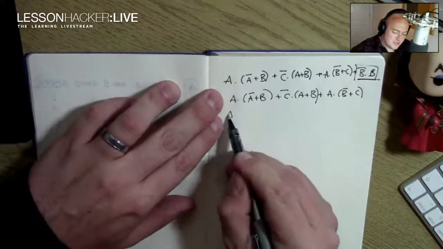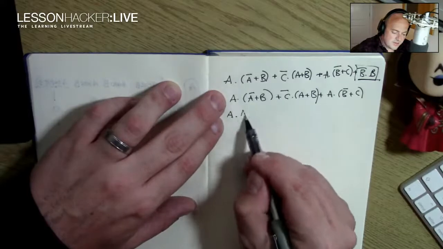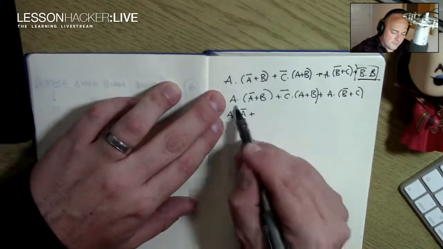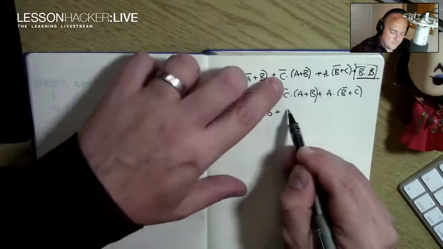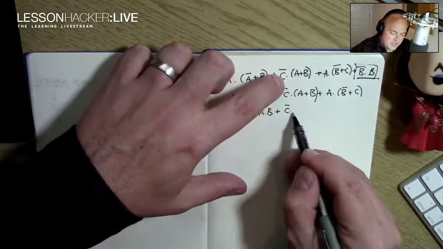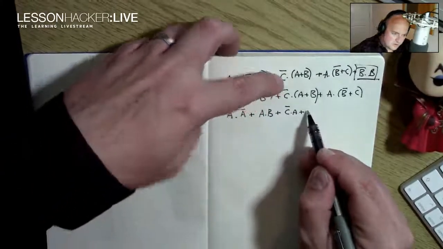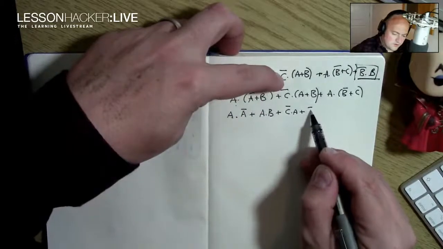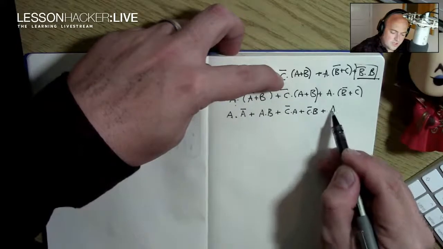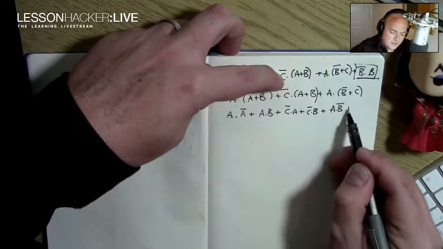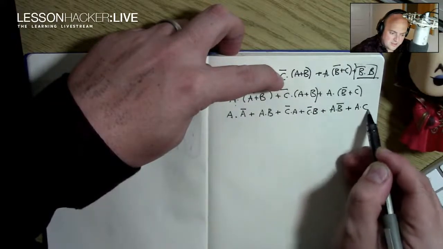So it's A and not A, or A and B, or not C and A, or not C and B, or A and not B, or A and C.